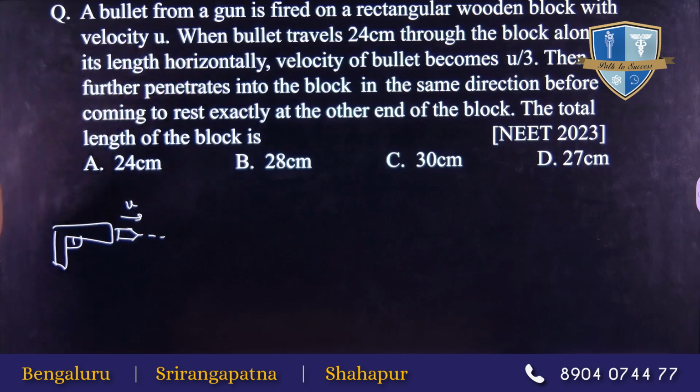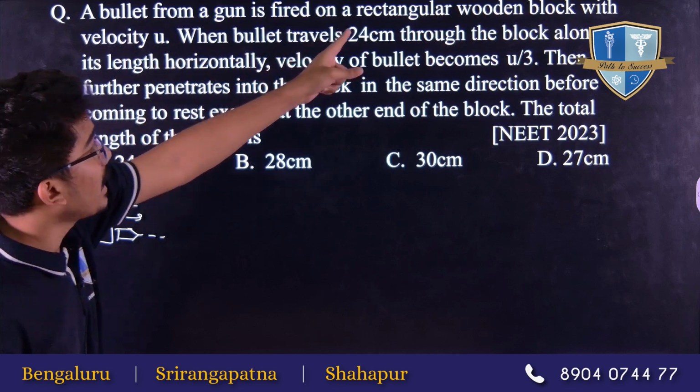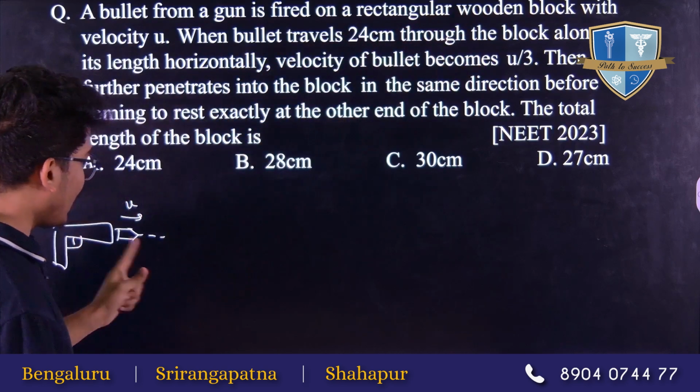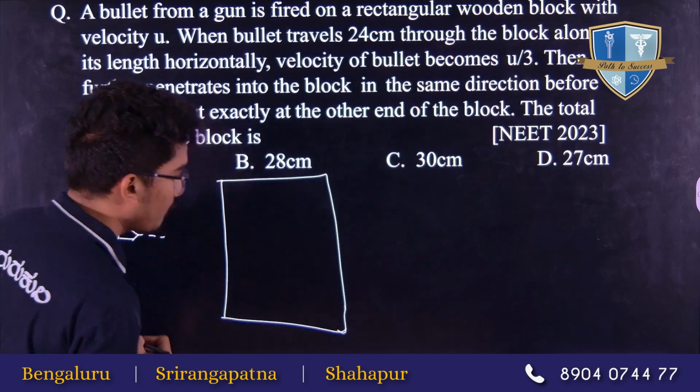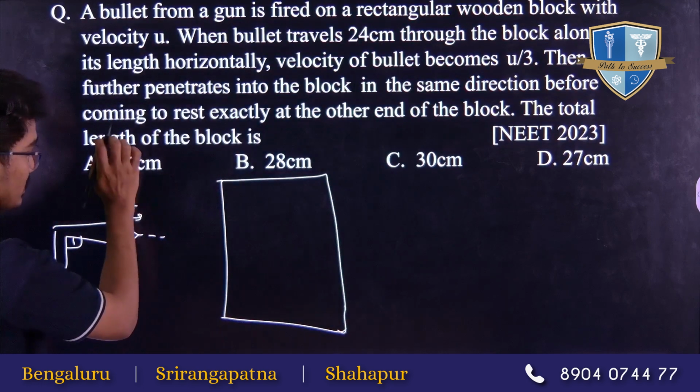Now let's read the question further. We have another wooden block as well. So this bullet has been fired towards a wooden block. Let's suppose this is our wooden block and velocity is u.